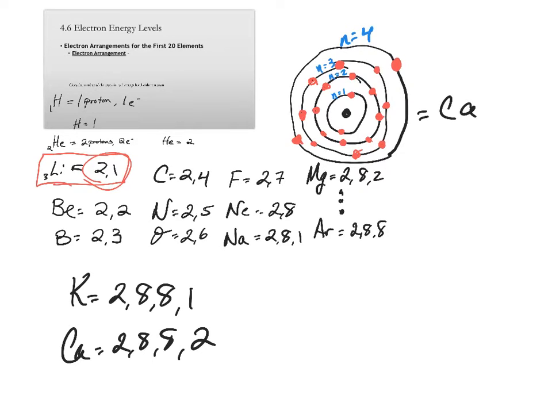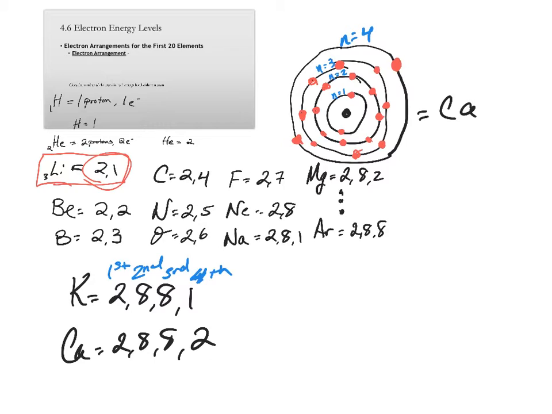Okay, so it's very easy, and the way your book is doing it, we're not looking at what would be called the orbitals within these elements. We're just looking at how many total electrons are in each energy level. So here you've got the first, second, third, and 4th energy level.